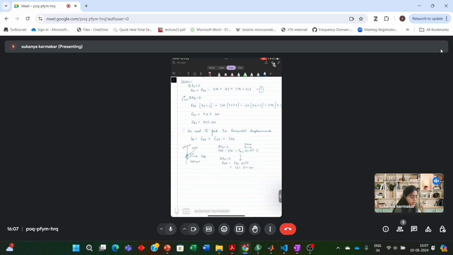So like this, you need to solve the truss and you get the force in the member DE, EF and FR.